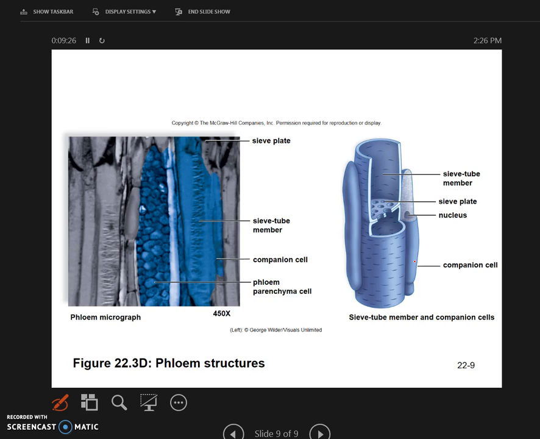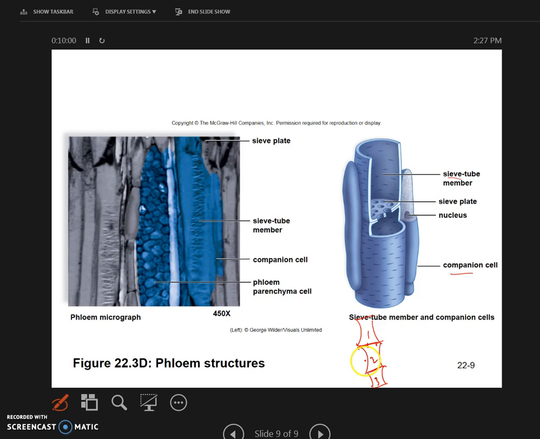Last but not the least is the phloem, which is the next vascular tissue. And also they are made up of two types of cells, the sieve tubes as well as the companion cells. The sieve tubes are made up of concave cells stacked one on top of the other, except that the end plate, this is an end plate, so this is cell 1, cell 2, cell 3, the end plate has holes like a sieve, which will allow passage of food from one cell to another cell.